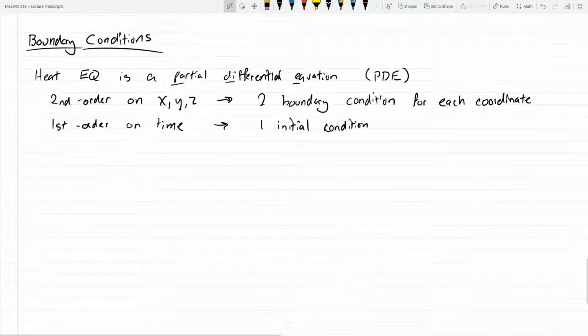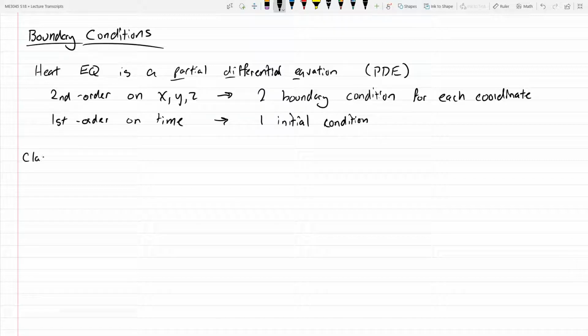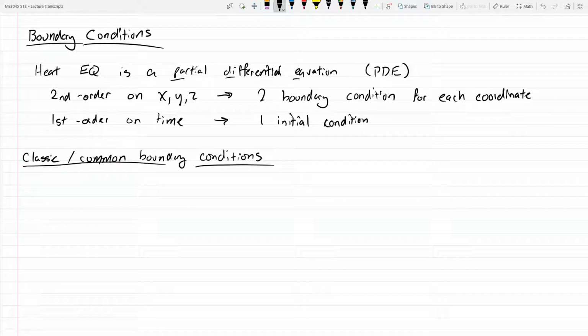So we have some classic and common boundary conditions that we will often see used to describe physical systems. The first of these is a temperature condition.